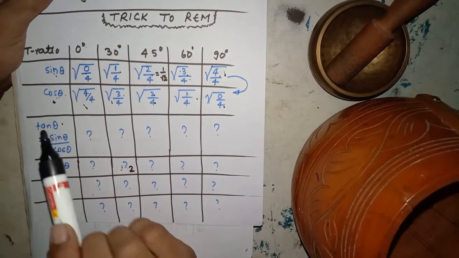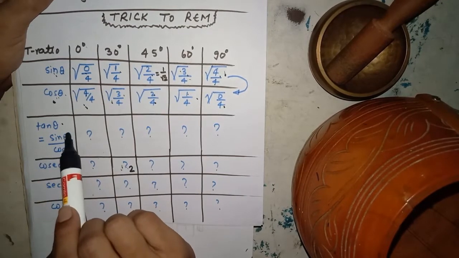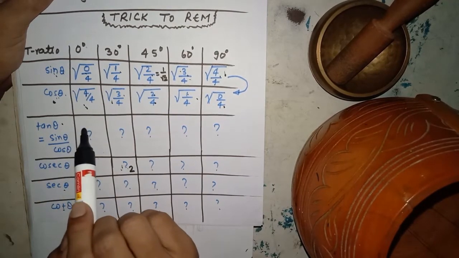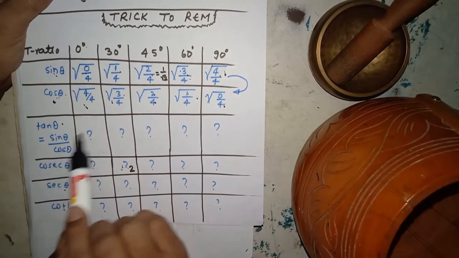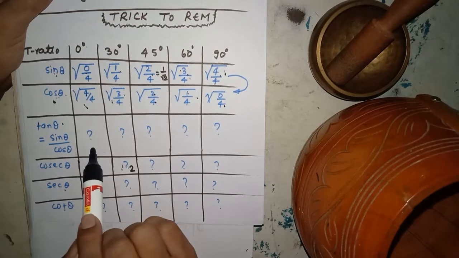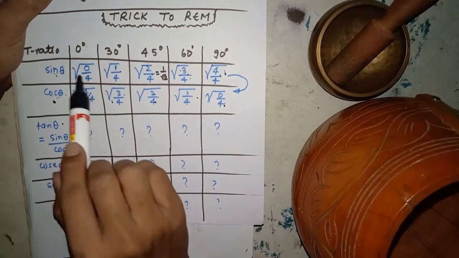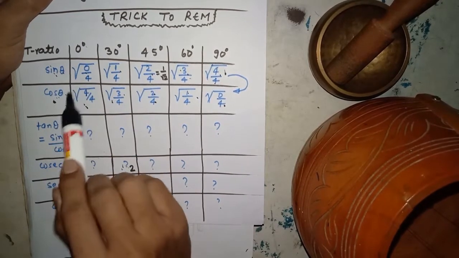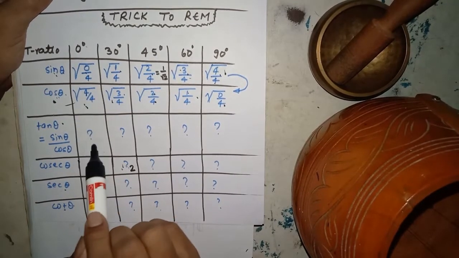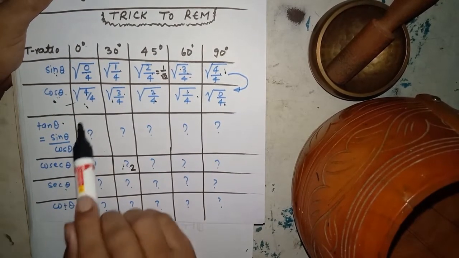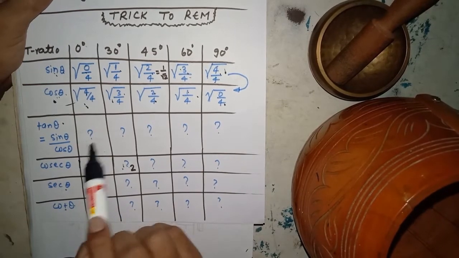So we get the value of tan theta. If I want to know the value of tan 0 degree, I divide sine 0 degree by cos 0 degree. I know that sine 0 degree is 0 and cos 0 degree is 1. So it becomes 0 by 1, which means 0. So tan 0 is 0.